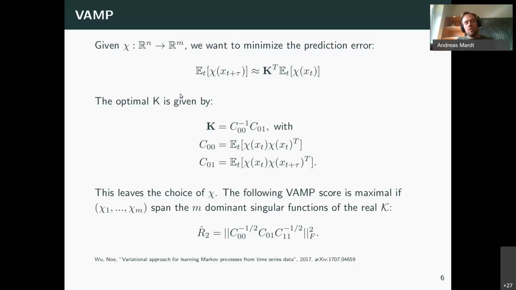There are some tricks, some papers about how you can still make it work. But another way to do it is using VAMP. Mathematically speaking, I think it's a more appealing way to do it.